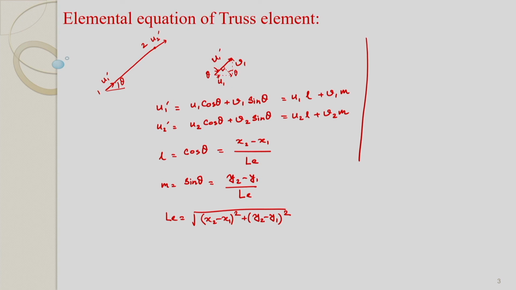then we can write this u1 prime and u2 prime in terms of x and y components in matrix form as follows.